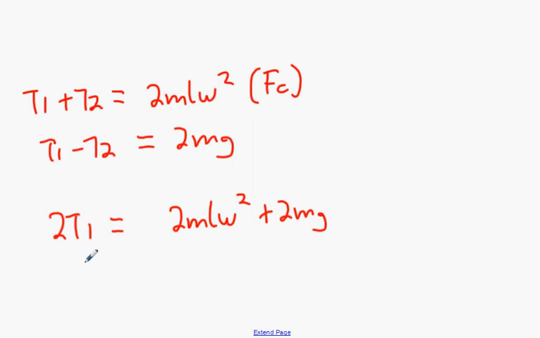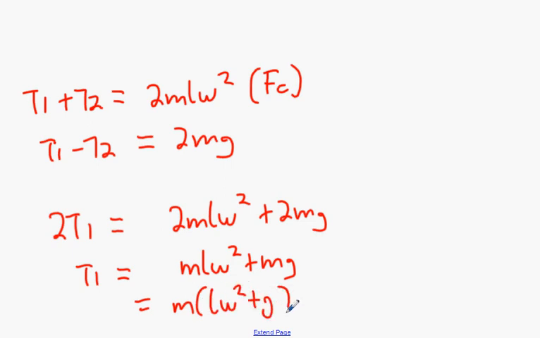Divide everything by 2. T1 equals mL omega squared plus mg. Might factorise out the m just to make it look nicer. Okay, that's T1.